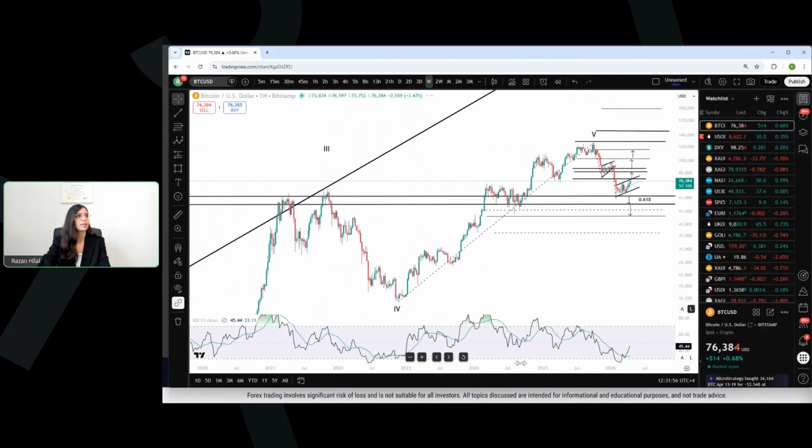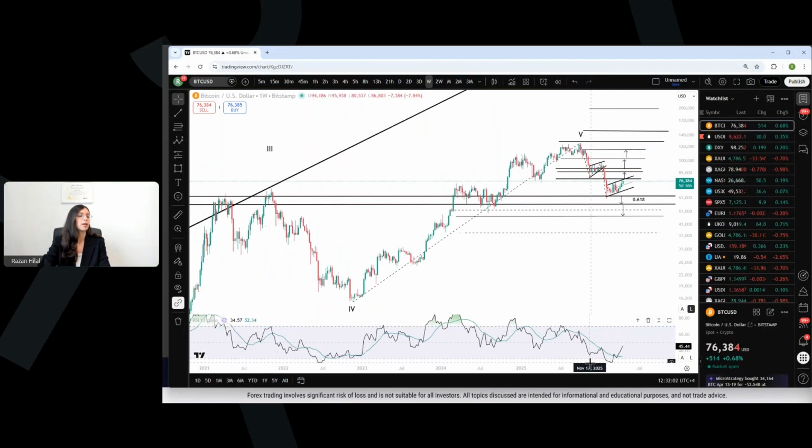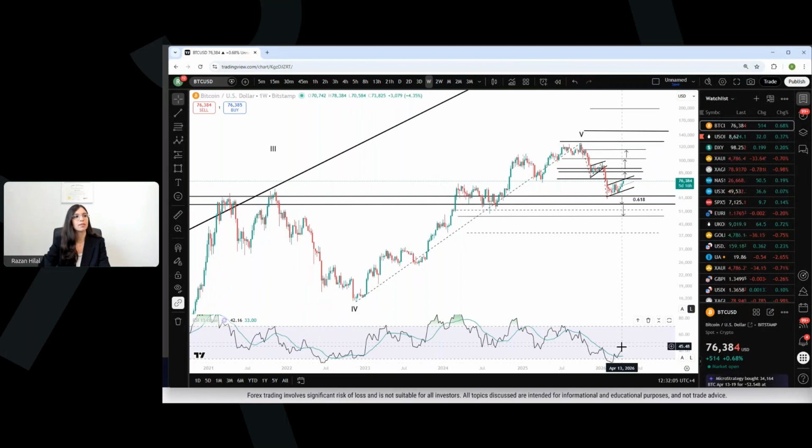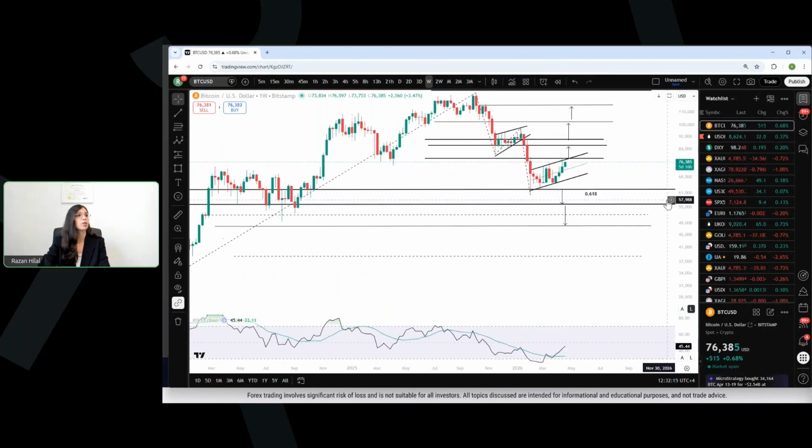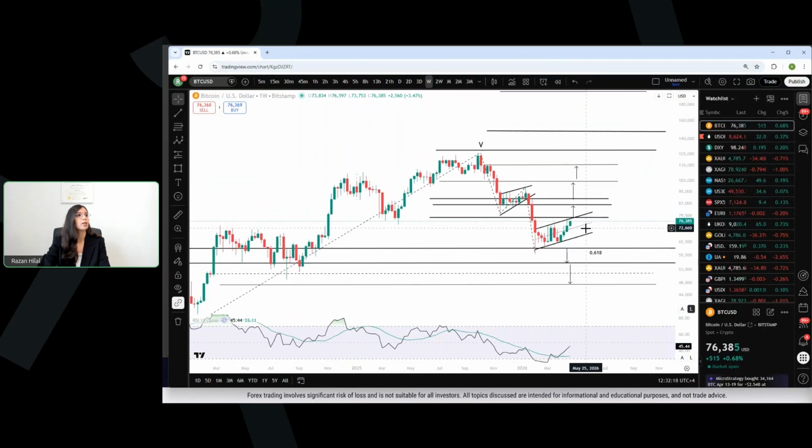And it also aligns with the highs of 2021, previous resistance turned into support, and also aligns with a rebound of the momentum, the weekly RSI, from oversold levels last seen in 2022 when Bitcoin was just near the 15,000 mark, which is overall strengthening the case for a bullish rebound over here. And also we have short-term higher lows.